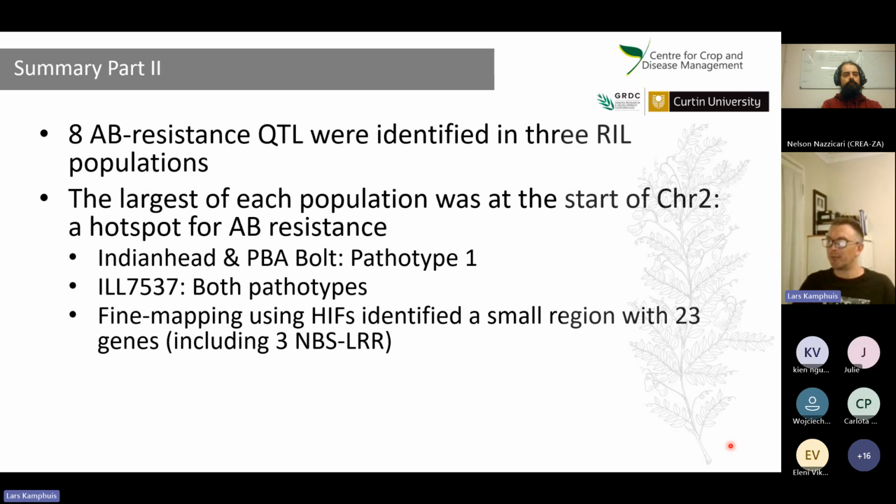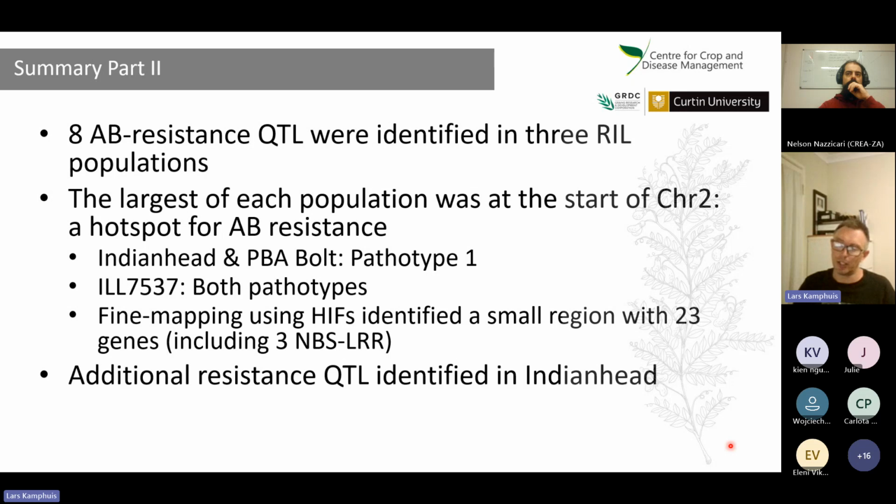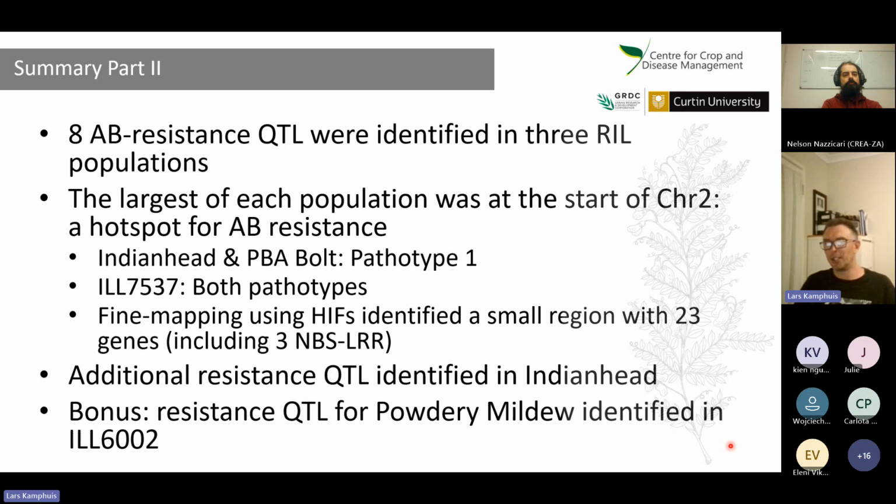And that with the fine mapping with the HIFs, we've identified or narrowed down the region of interest for the 75-37 resistance to 23 genes, including 3 classical disease resistance genes. We've also identified additional QTLs in Indian head and some QTLs for powdery mildew.